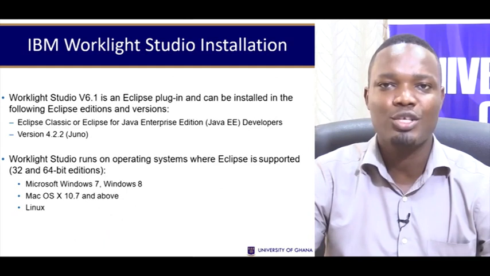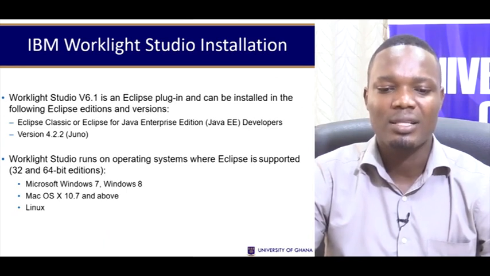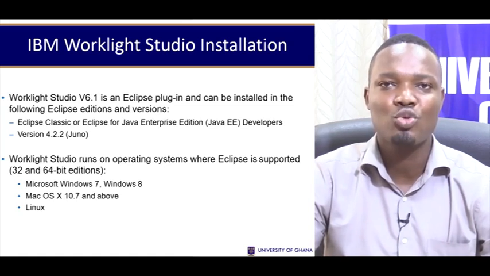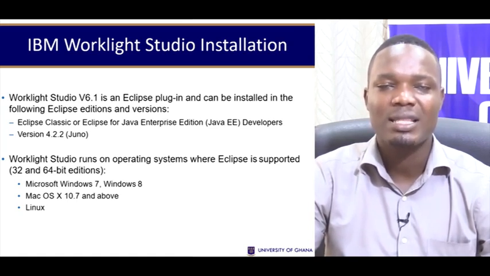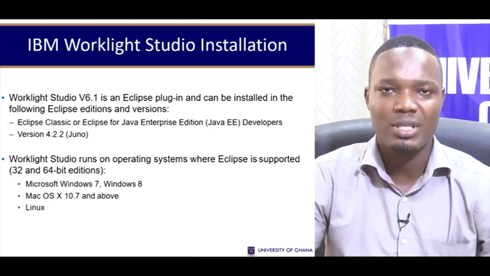To install the Worklight Studio into your Eclipse, you would need the plugin. The plugin works starting from Eclipse version 4.2.2, which is Juno. Now, the Worklight Studio runs on operating systems that Eclipse supports.